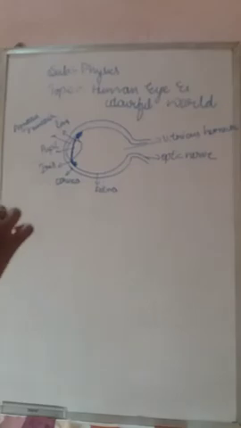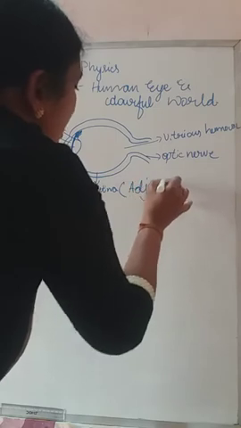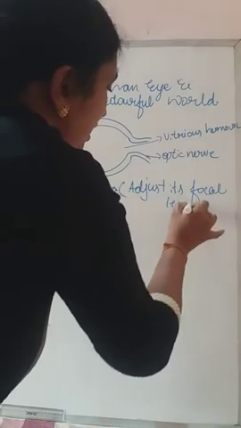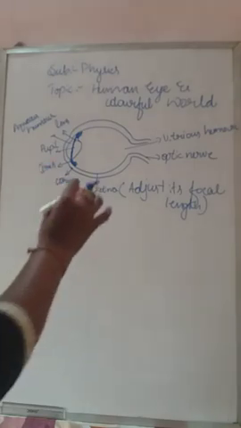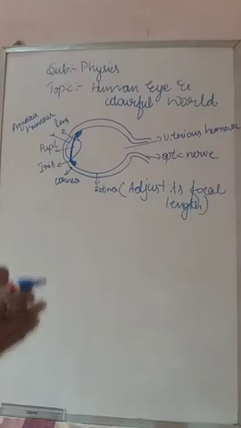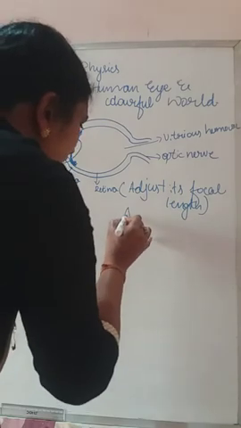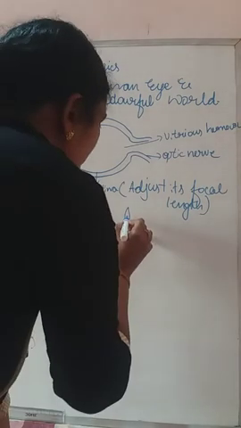What is the function of the retina here? The retina helps to adjust its focal length. Focal length, I think you learnt already in the light lesson. Focal length means the distance between the optic center and the principal focus. If it is a spherical mirror or a lens, such as a convex lens, this is the optic center.